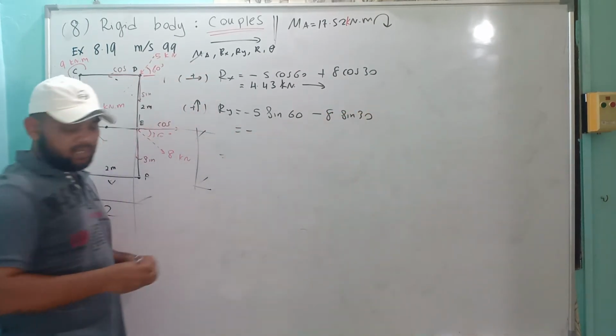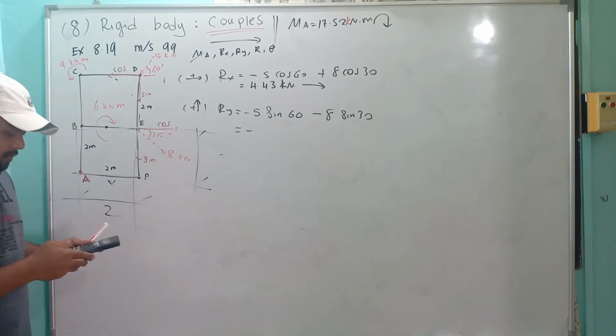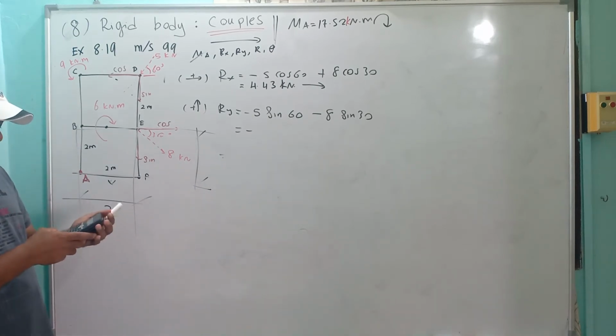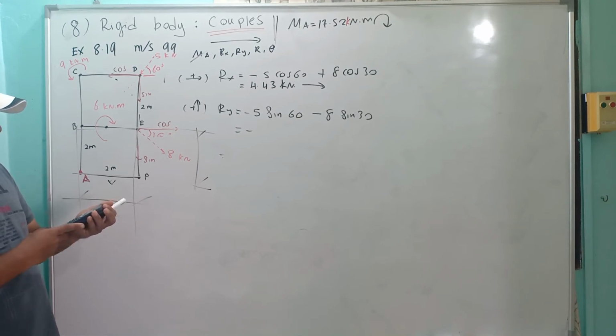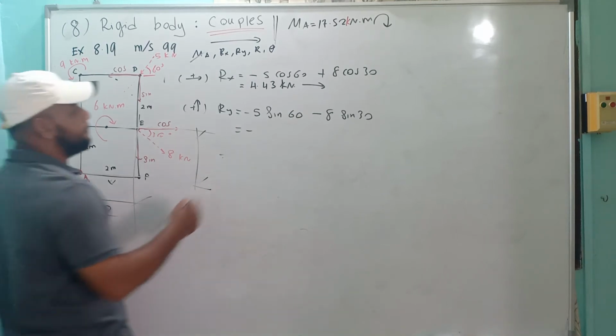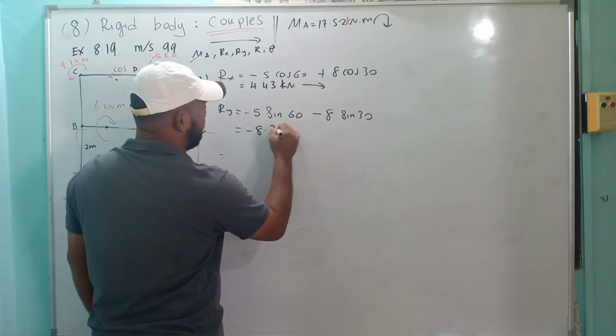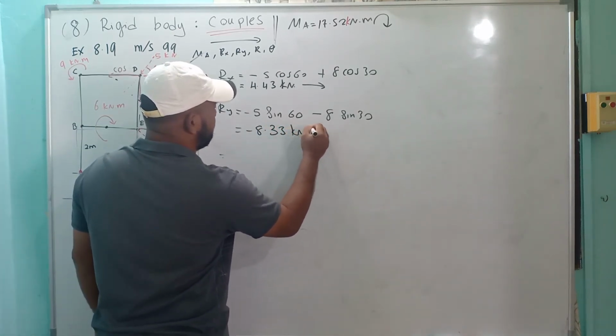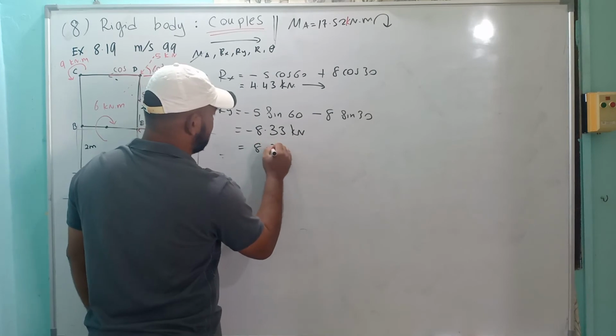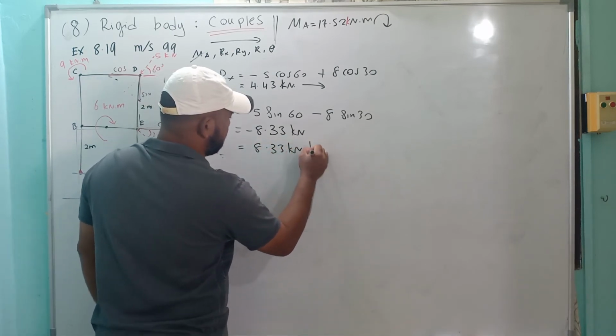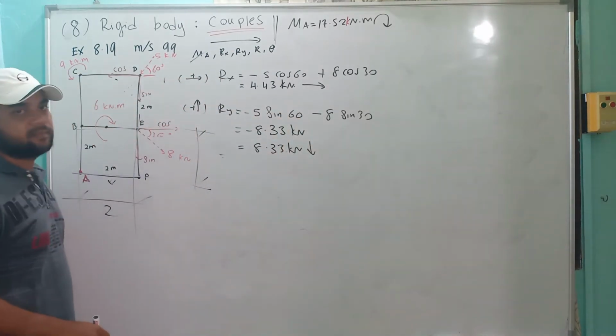So negative something: minus 5 sin 60 minus 8 sin 30 equals 8.33 kilonewton. So it is actually 8.33 kilonewton going downward.